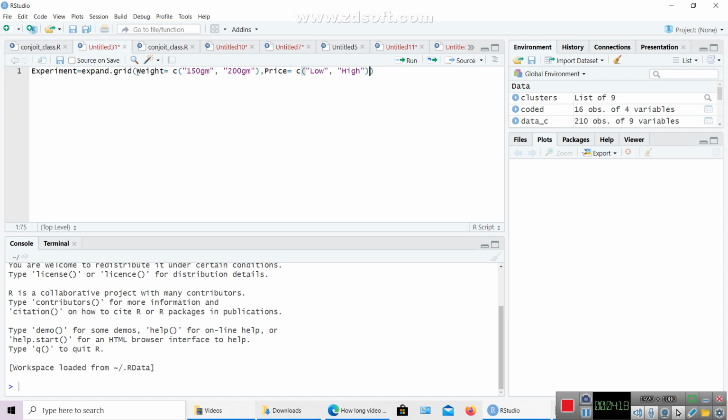Okay. Next attribute can be warranty. So warranty can take two values.